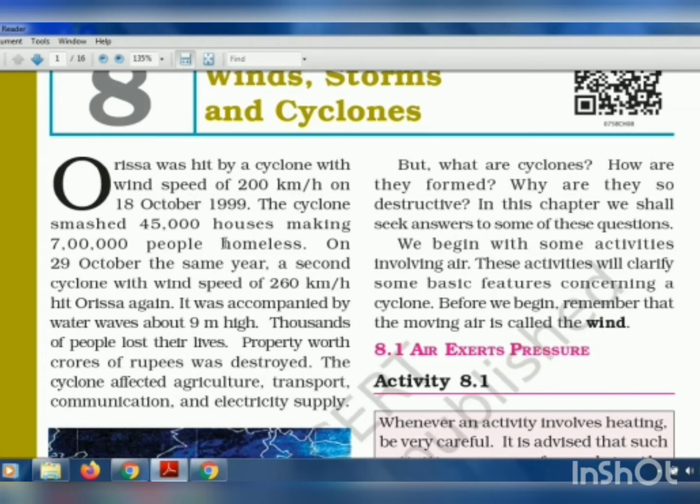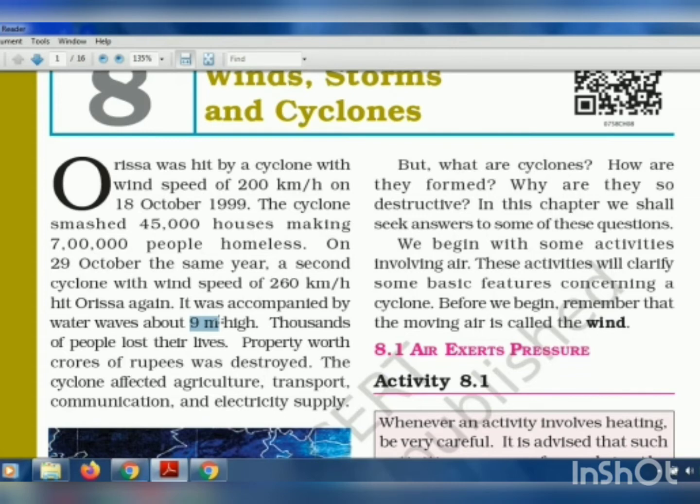In the same state, Orissa, and in that same year, one more cyclone came on 29th October with a wind speed of 260 km per hour. It also accompanied water waves, and the water wave height was 9 meters. So you could imagine how high that water wave was.